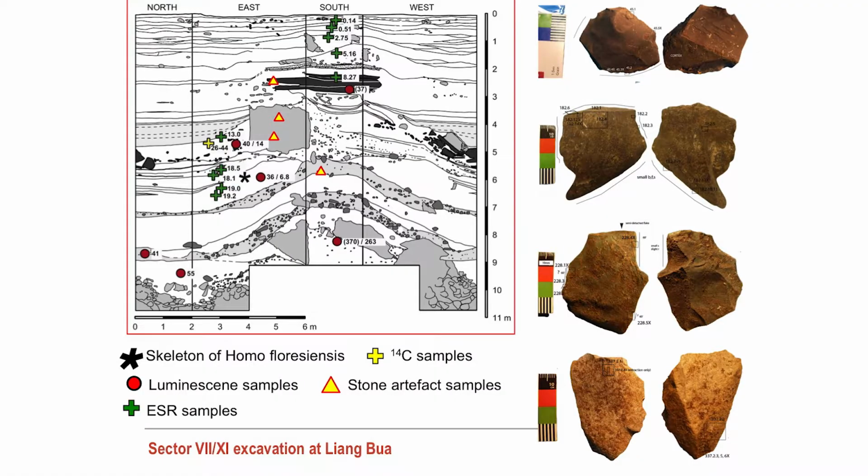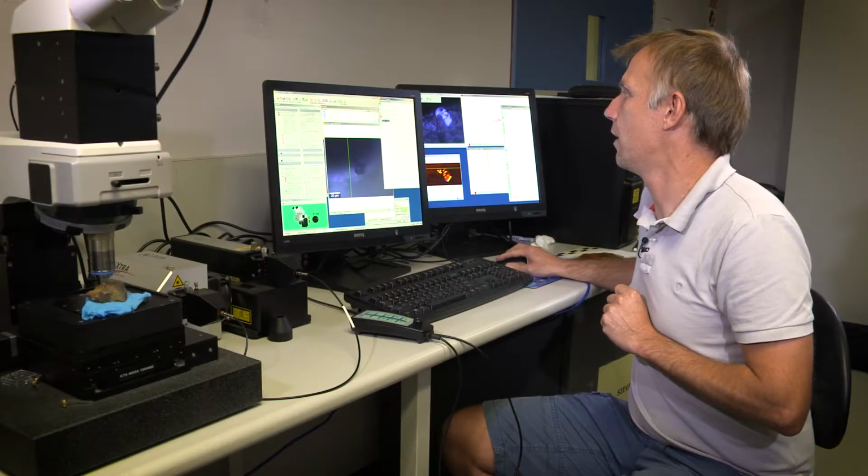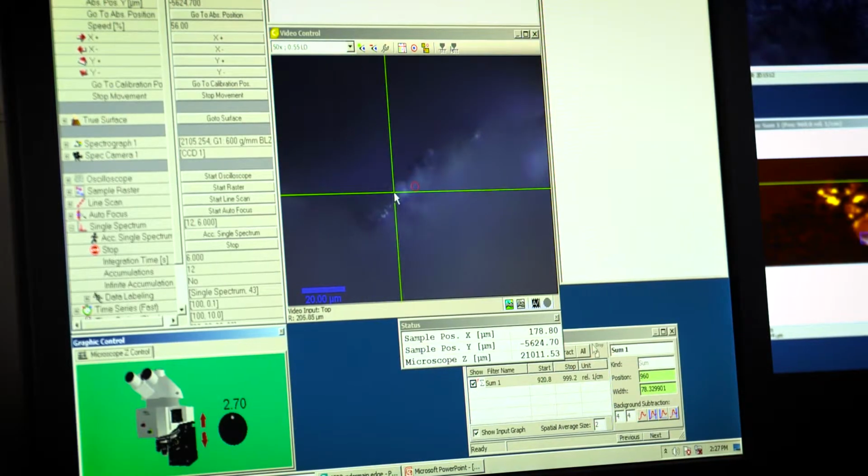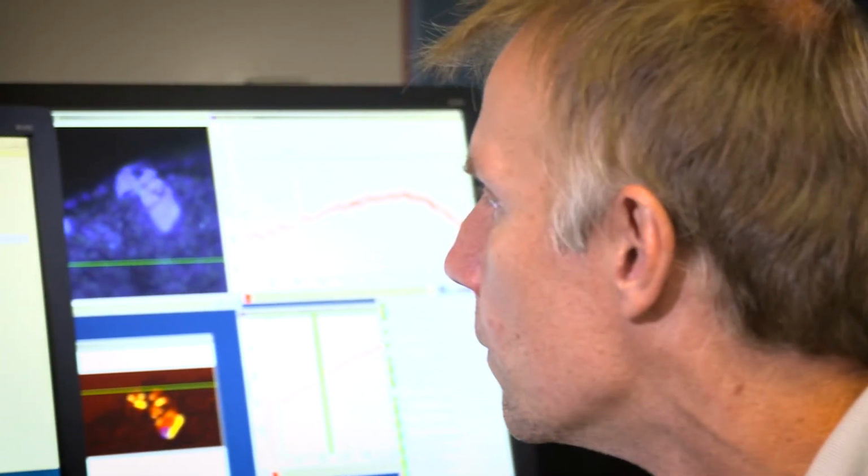Regarding the artifacts of Liangbua, we're basically looking at stone tools. And these stone tools have been used many, many years ago by the people who lived in the cave. And we hope that by using Raman and infrared spectroscopy, we can identify some of the molecules that became attached to the tools through the working of the people using the tool.